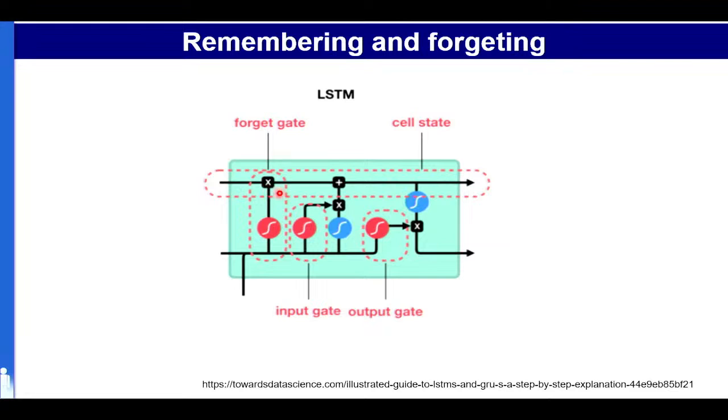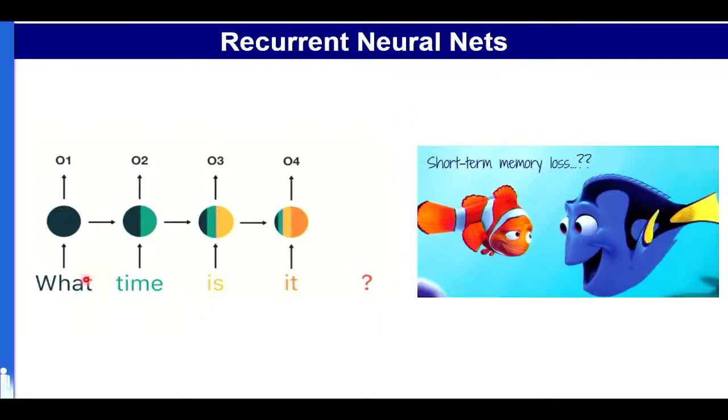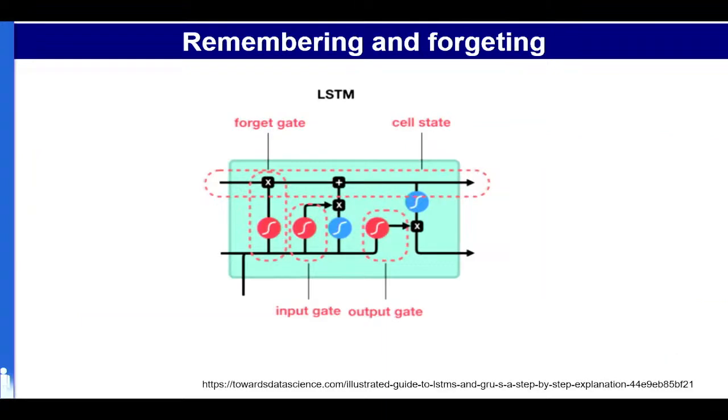Because the issue here, and you can see from this slide, is simply the fact that you should remember some stuff, but to remember some stuff, you need to throw away irrelevant information, okay? And this is exactly what this combination that uses sigmoids to forget and hyperbolic tangents to remember will do, okay?